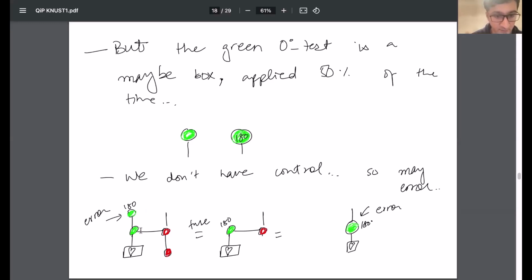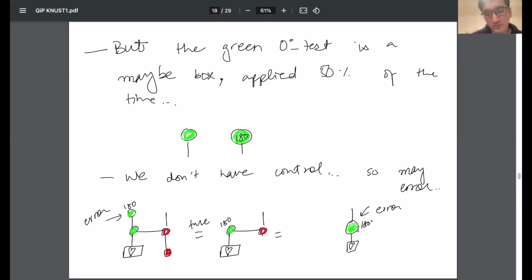Now this is an error, and you can see that this error propagates. After applying spider fusion and simplifying further by replacing this with an identity, the red spider has no phase, so it is essentially a wire. You can see that in the final diagram we have this error.